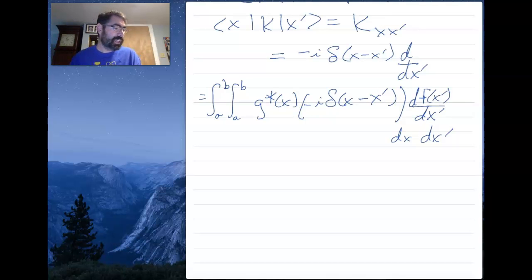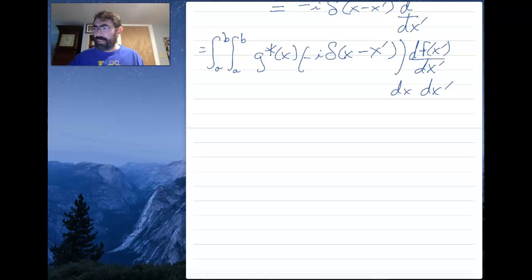If we integrate over all x prime, that means we can use the Dirac delta function to change the derivative of f as a function of x prime into a derivative of f as a function of x. And there's a minus i, so don't want to forget that.